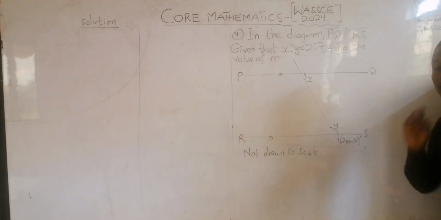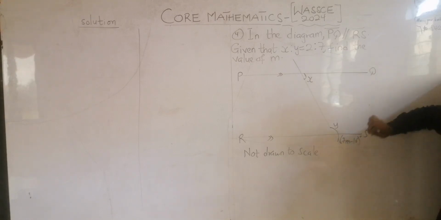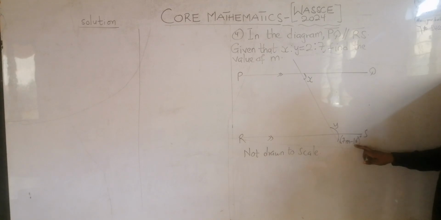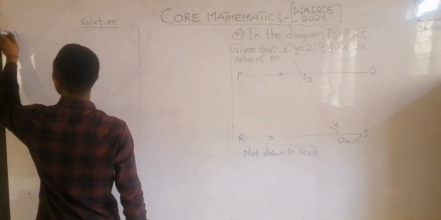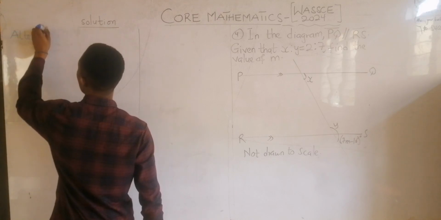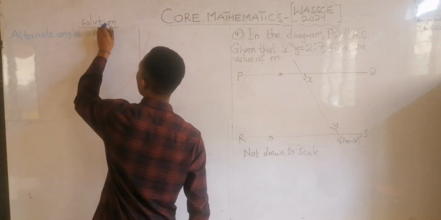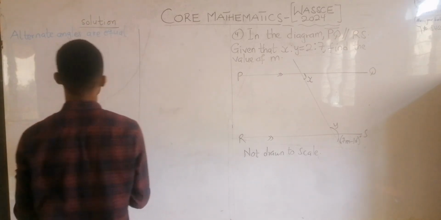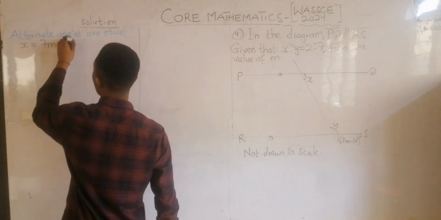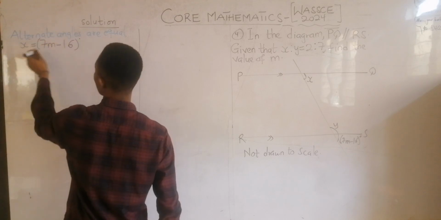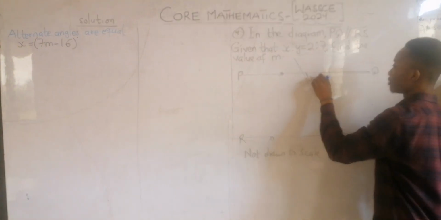Now we can recall from angles in plane geometry that alternate angles are equal. So x is equal to 7m minus 16 degrees, because alternate angles are equal.